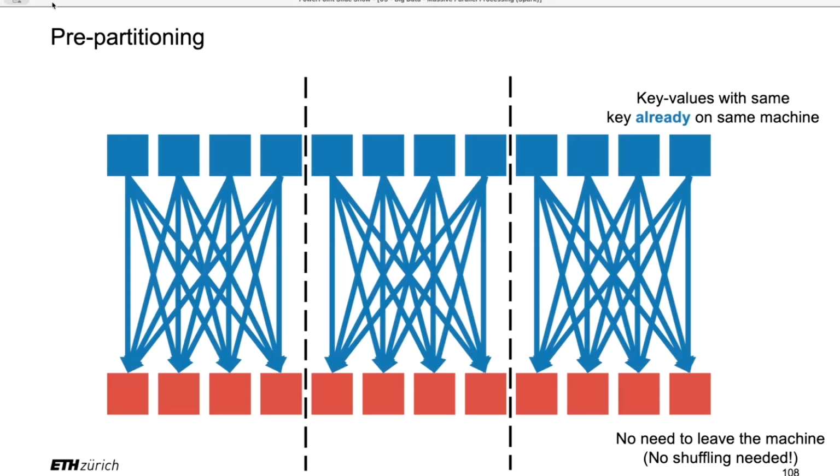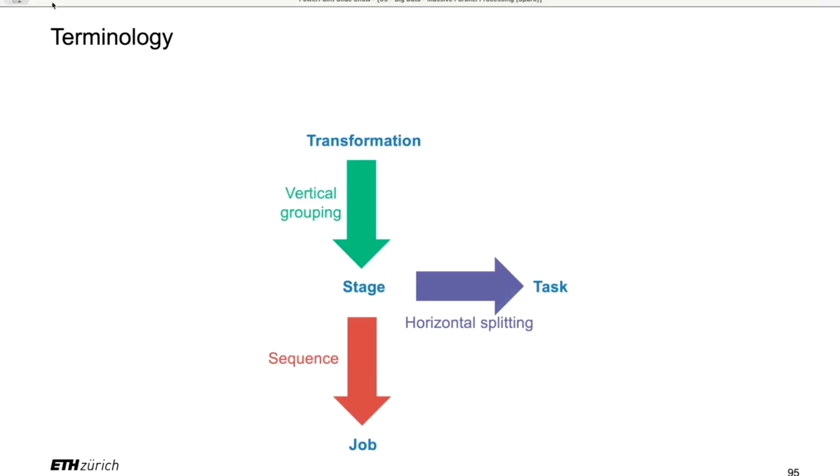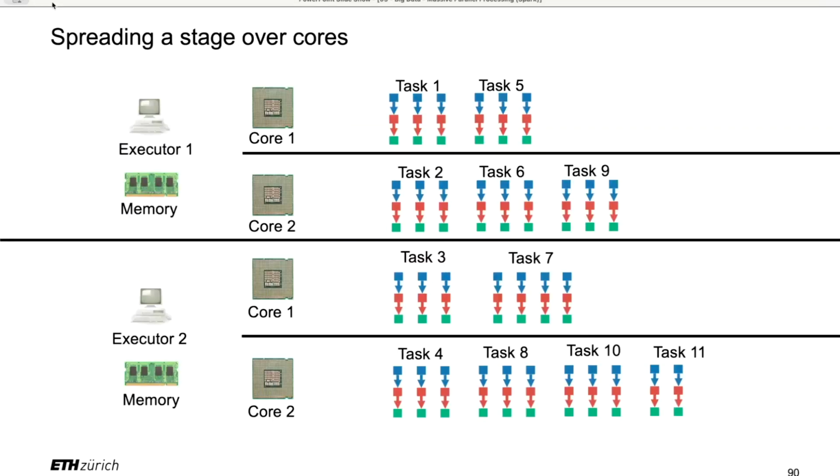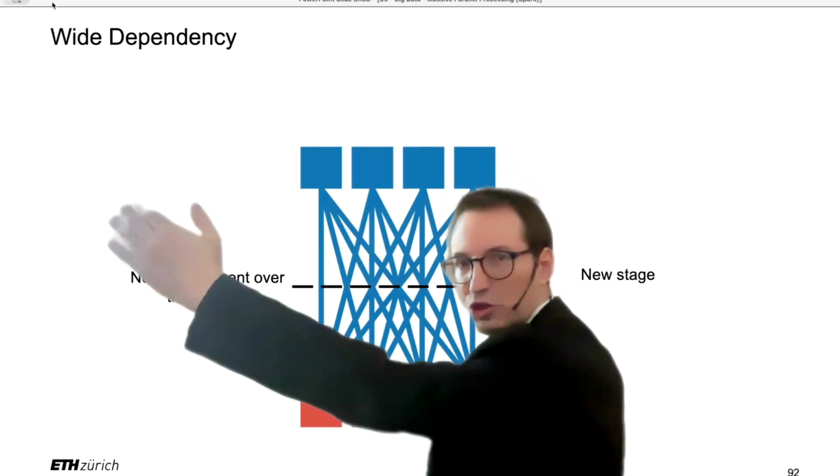Who understands that? Right? So what I'm saying here is that if you have a wide dependency, I'm finding the slide here. This one here, a wide dependency transformation that could be much wider, right?